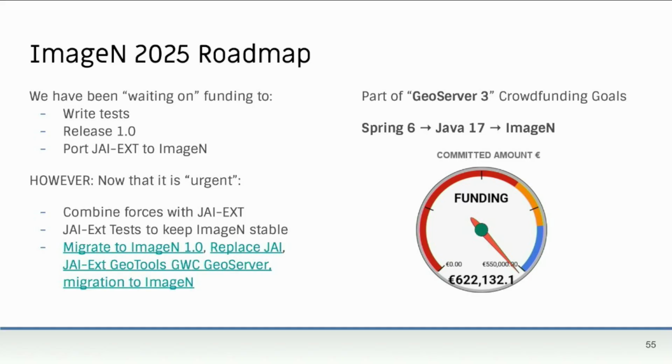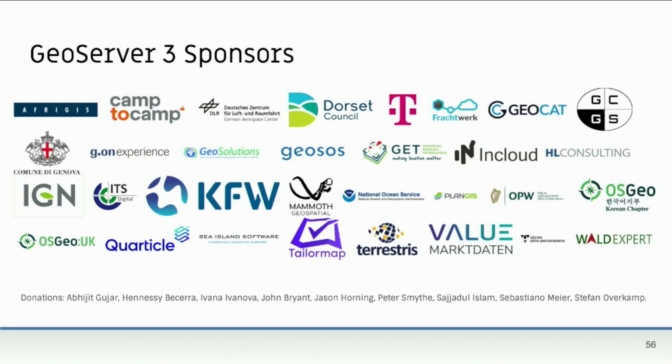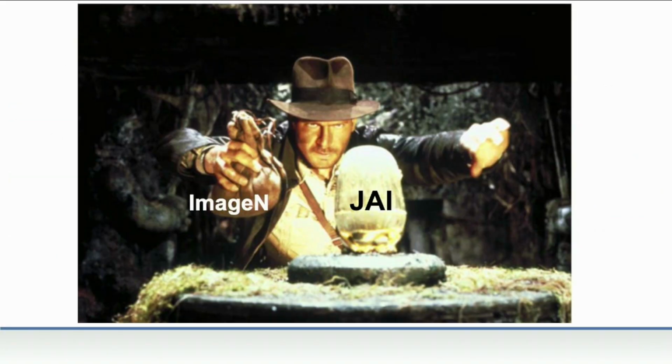It was a successful crowdfunding result, and we've been working on this as part of Milestone 1. Just a moment to thank the GeoServer 3 sponsors. We put out the call for funding last September, and by June, these organizations and others were able to meet that call for funding. And ImageN is one of the key technical risks being addressed.